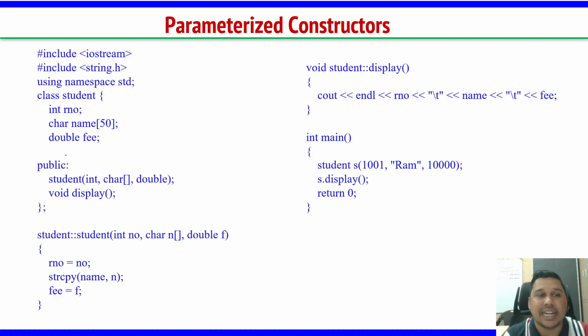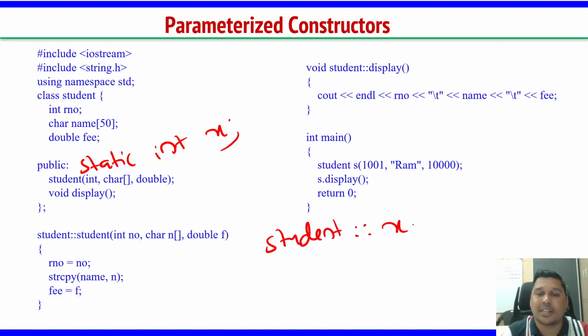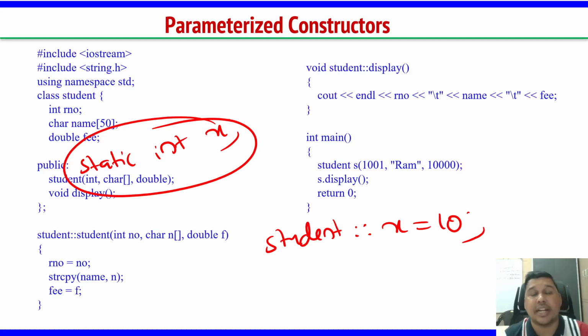If static int x is defined in the class, that x can be assigned a value outside the class. How? By using the class name student, scope resolution operator, x equal to 10. Static data members of the class can be assigned outside.